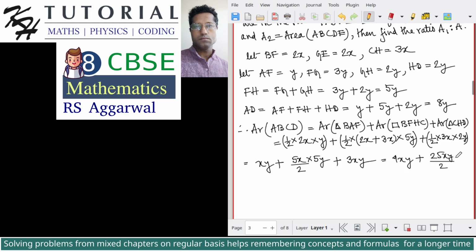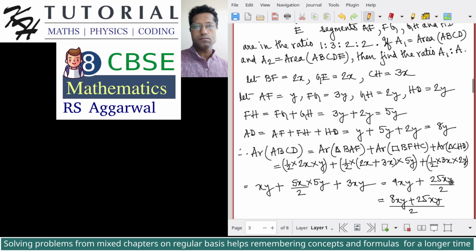Now the answer will come very weird. Anyway, if we simplify this, 8xy plus 25xy by 2, which is 33 by 2 xy, is the area of the quadrilateral ABCD.